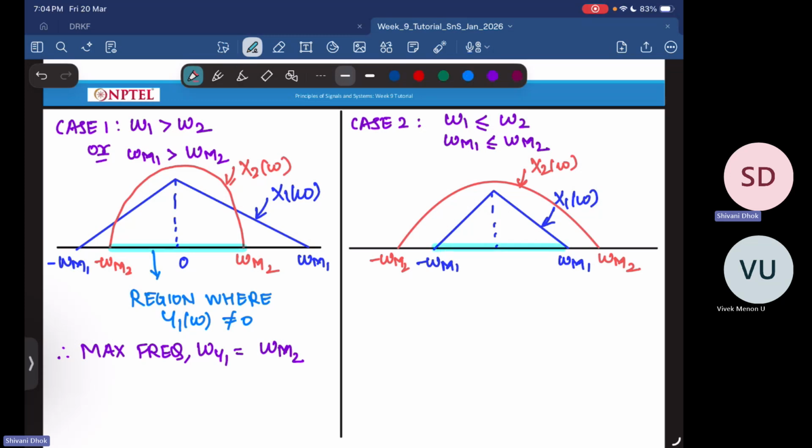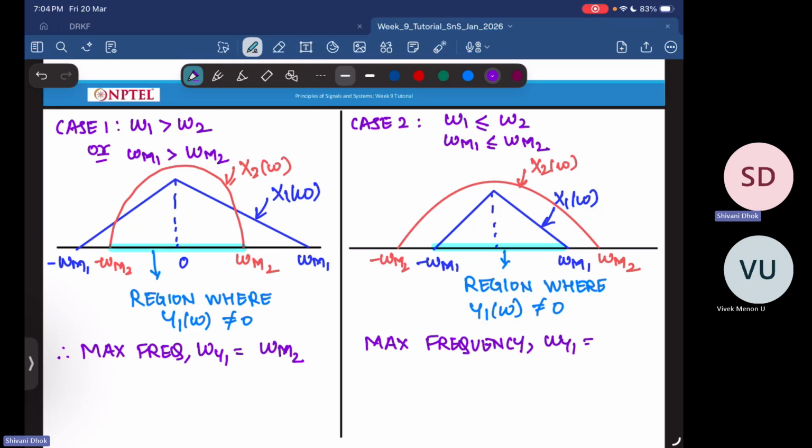Now the region of interest is the highlighted one, the region where y1 of omega is not equal to 0, and for this region the maximum frequency omega y1 is omega m1.